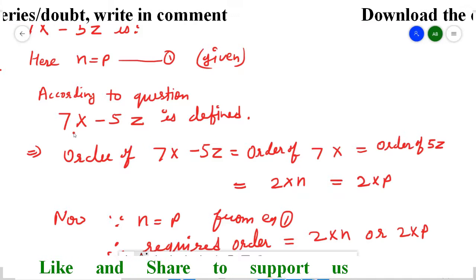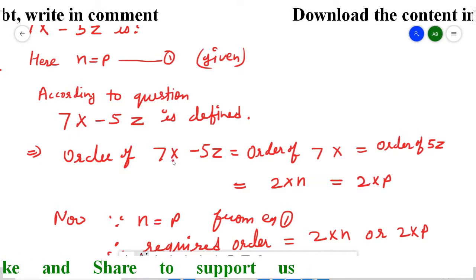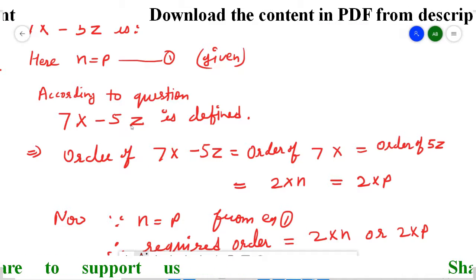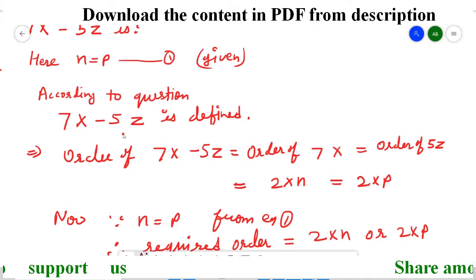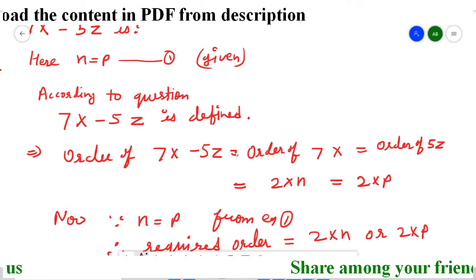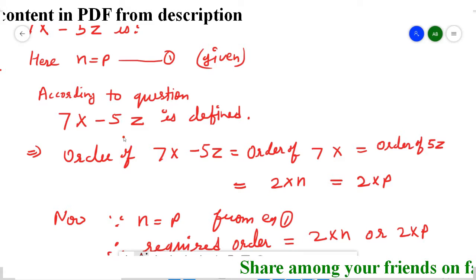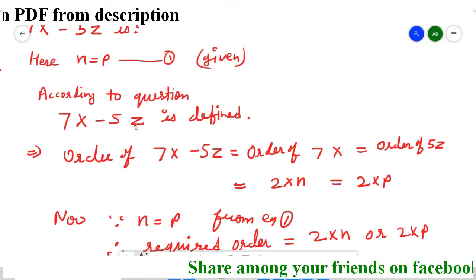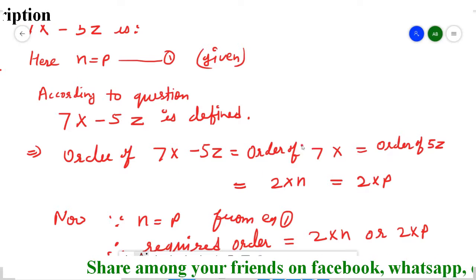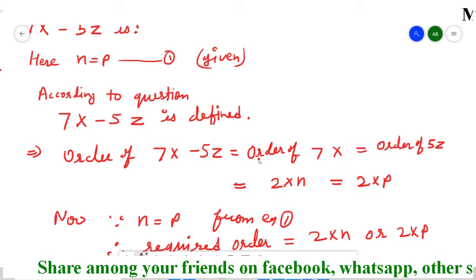That means when you solve 7x minus 5z, whatever resultant matrix you get, that matrix's order is equal separately to the 7x order as well as the 5z order. All three matrices' orders are going to be the same.